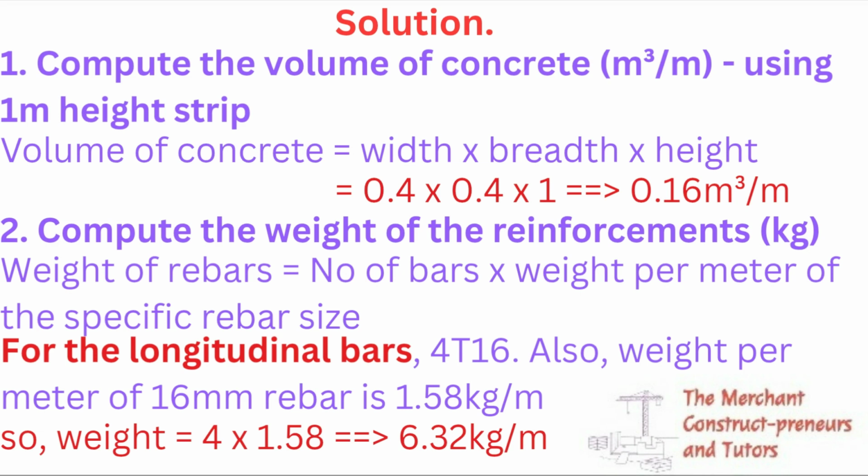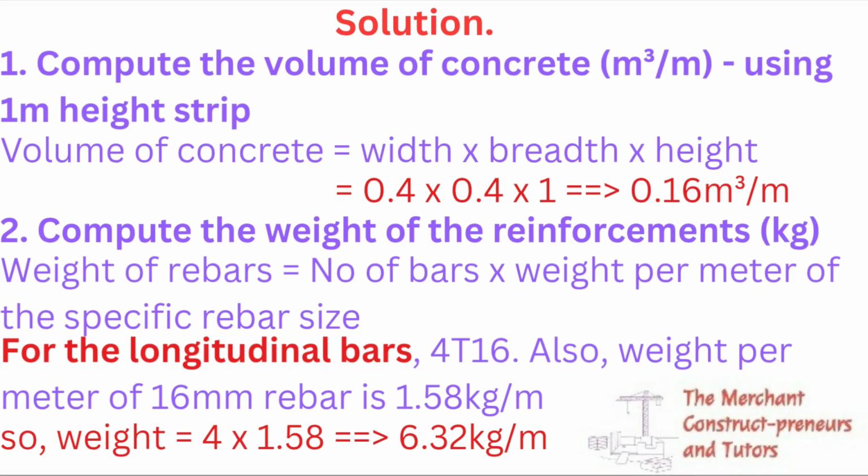First thing, as usual, we compute the volume of concrete, meter cube per meter, right? So the same thing, width times breadth times height. We have it as 0.16 cubic meter per meter. Now we want to compute the weight of the reinforcement. Weight of reinforcement is still number of bars times weight per meter of the specific rebar size.